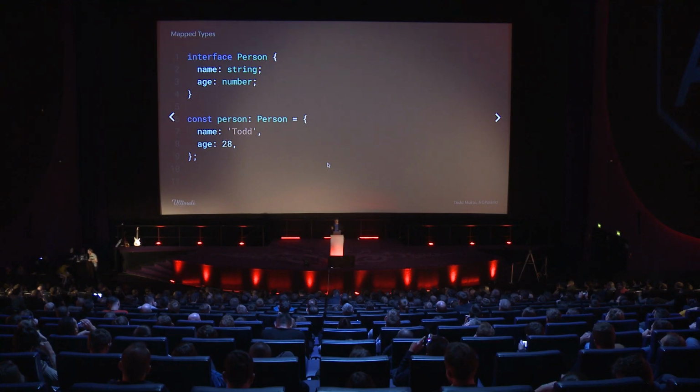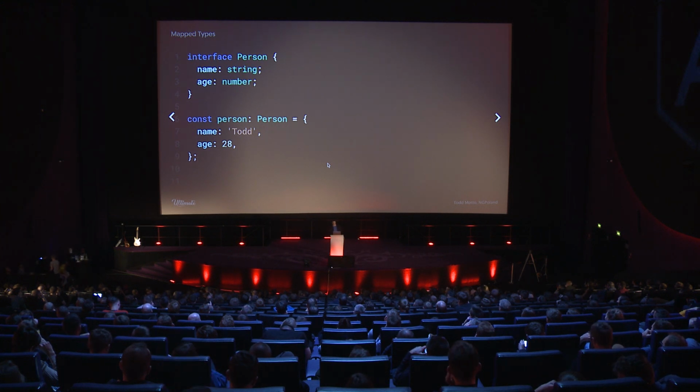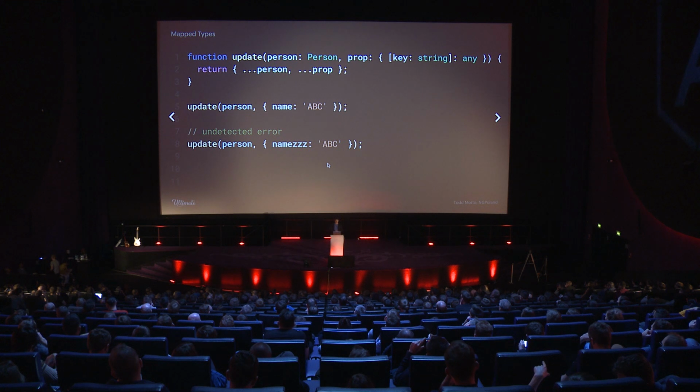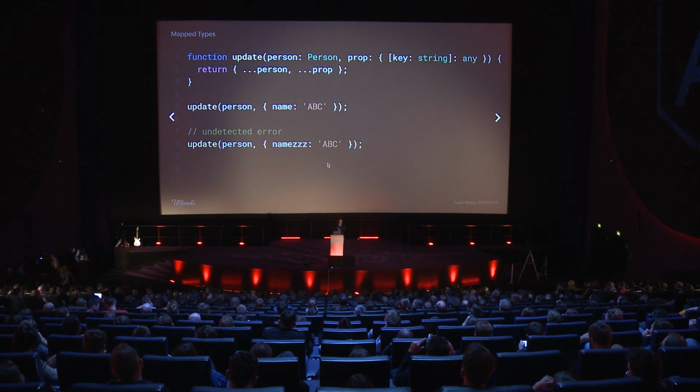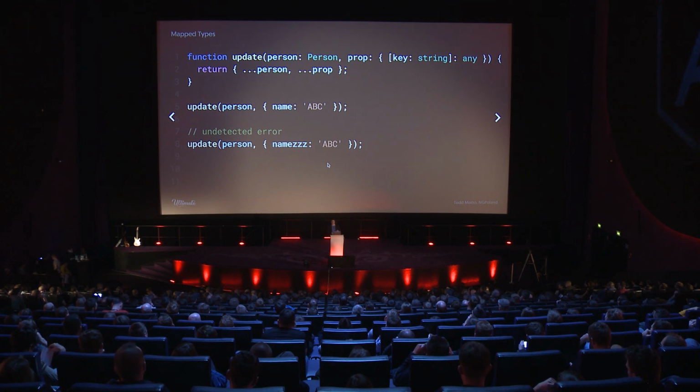So let's say we have an interface of person. It's name, string, age, number, nice and easy, and we then simply bind this to our constant. Now, say we had a method which, and I'm sure you can think of a real use case example with your own code bases, and we want to just immutably update an object property.